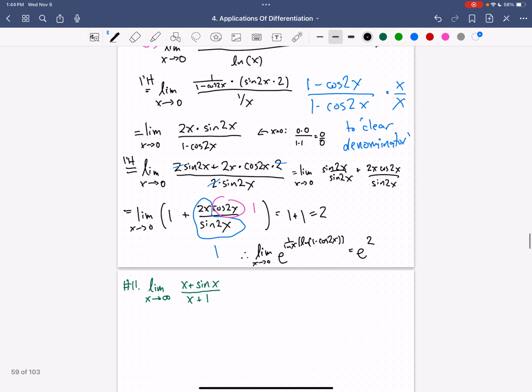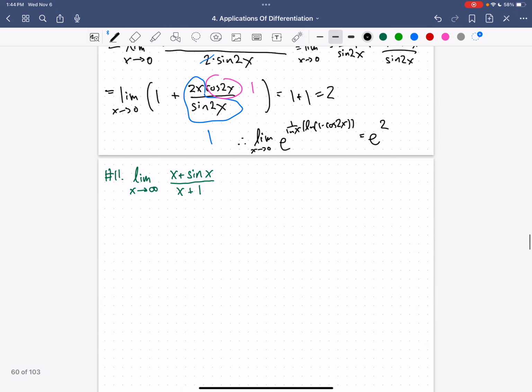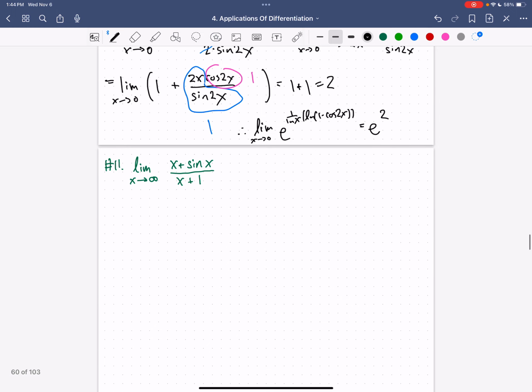Okay, now for number 11, we've got the limit as x goes to infinity of x plus sine x over x plus 1. Just looking at this one, it's kind of interesting because we've got x plus something that's bounded, above by 1, over x plus just 1.